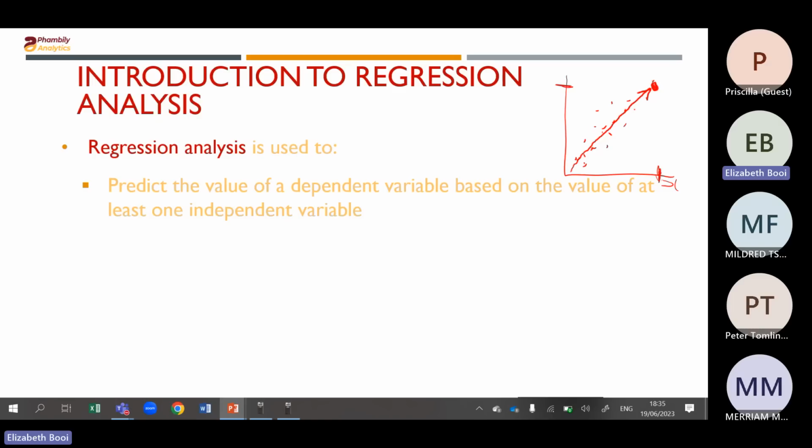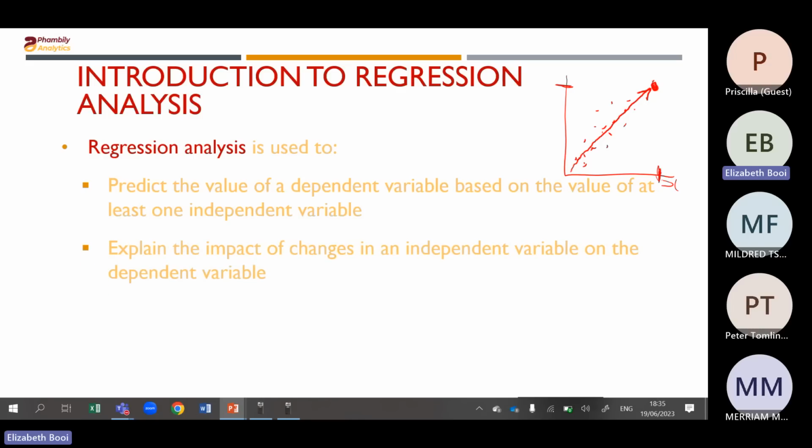And that is what regression is all about. It's using the data that you have to predict the new value of your y using your x values.